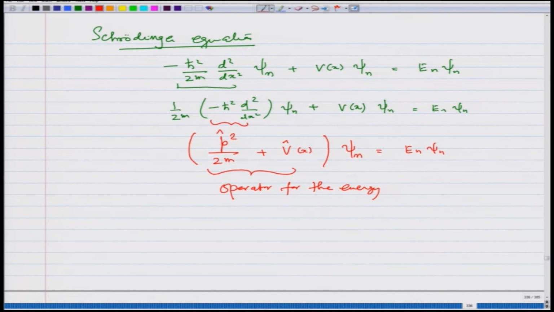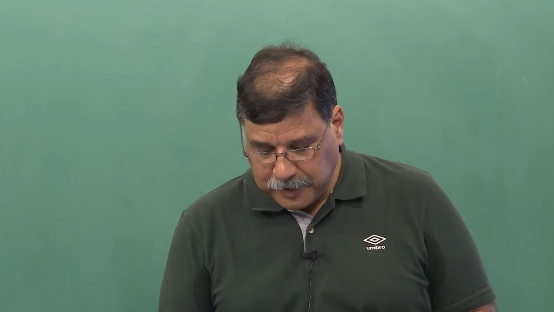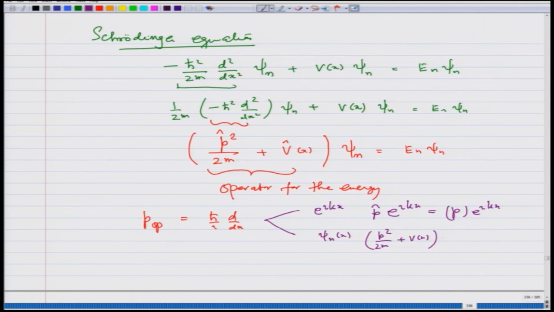So, this suddenly starts making sense, that the P operator being written as h cross over i d by dx, in two instances has given me the right answer. For e raised to i k x, P acting on e raised to i k x gave me the true momentum p times e raised to i k x, and for psi n x, P square over 2m plus V(x) on psi n gave me the energy.